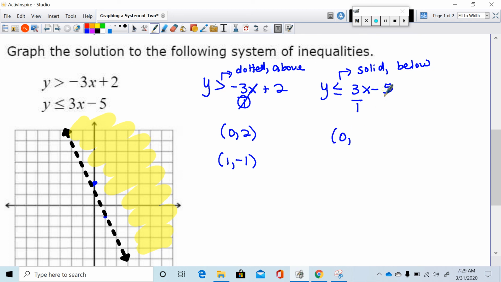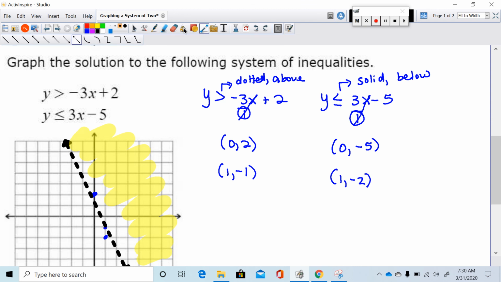Okay, so I use 0 and the number that doesn't have a letter attached, -5. And then I use the denominator of my fraction. Scratch out the x. 3 take away 5 is -2. Okay, 0, -5. 1, 2, 3, 4, 5. And 1, -2. 1, 1, 2. And I set a solid line. Oops, just a second.